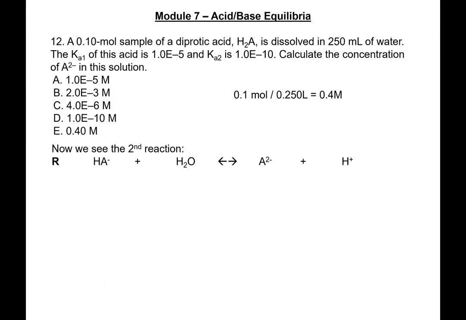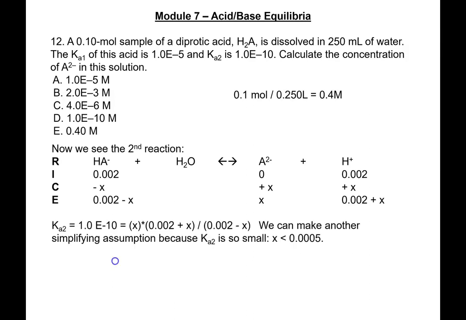Now we do our second reaction. HA minus plus water goes to form A2 minus plus H plus. I had 0.002 of HA minus from the first stage of this problem. I also had 0.002 of H plus, okay, minus X plus X. I get my equilibrium.